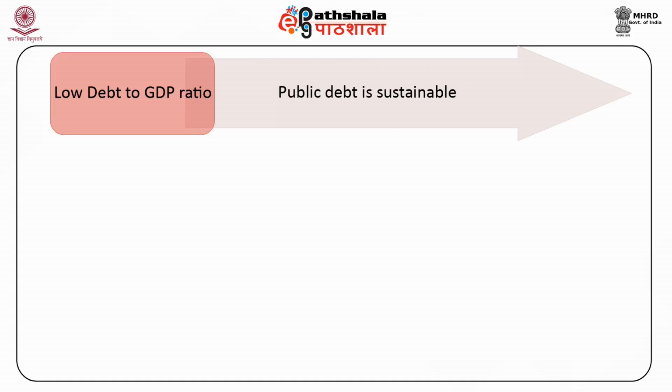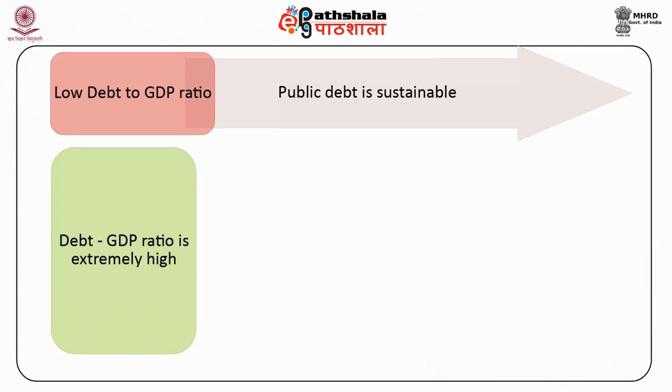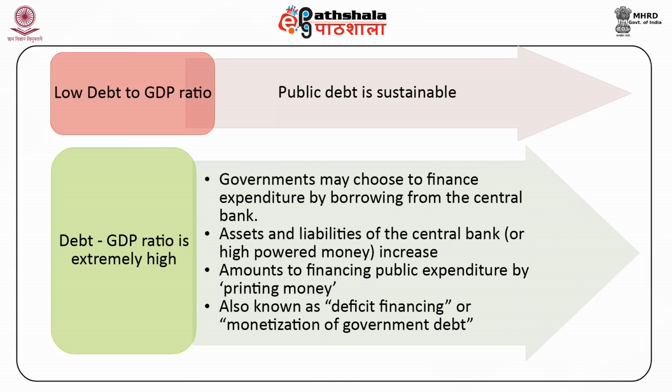However, if the debt to GDP ratio is extremely high, governments may choose to finance expenditure by borrowing from the central bank. In this case, the assets and correspondingly the liabilities of the central bank, or high-powered money, increase.